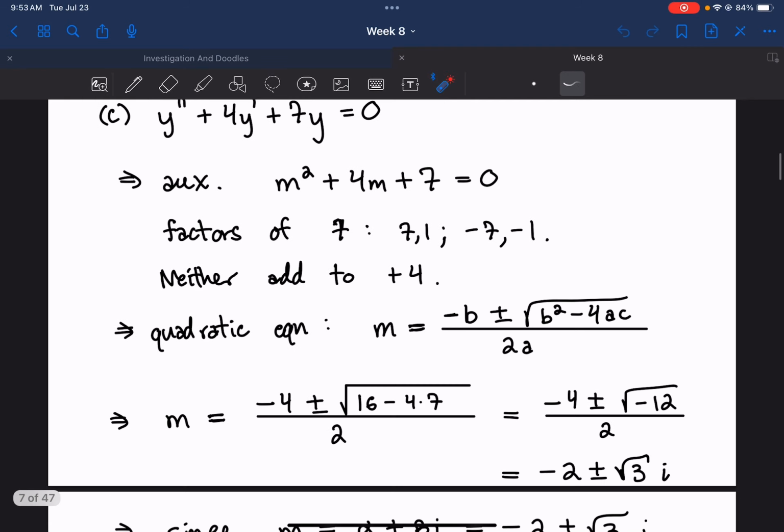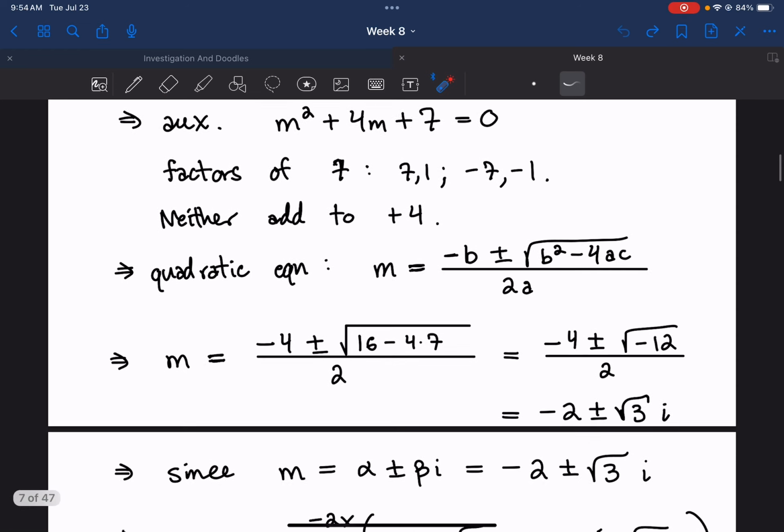We pass to the quadratic formula. M equals negative b, negative 4, plus or minus the square root of 16 minus 4 times 1 times 7, which is 28, not 21, all over 2a, which is 2.